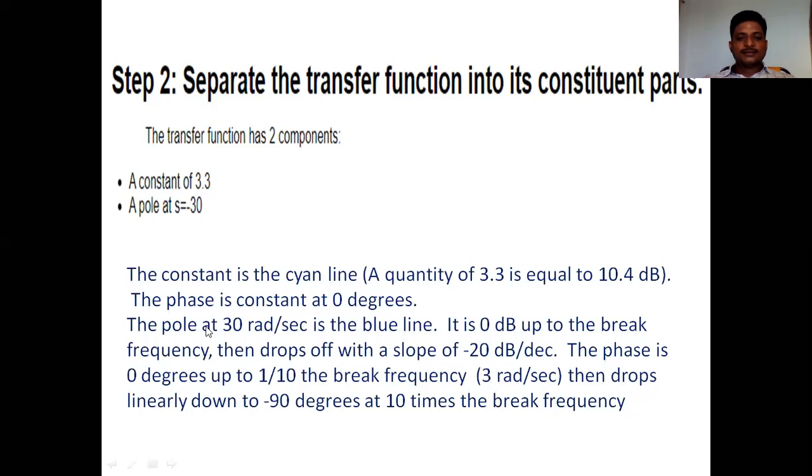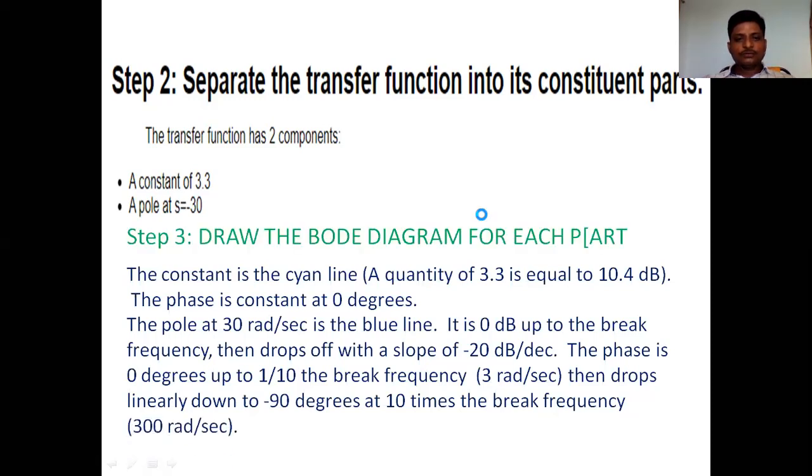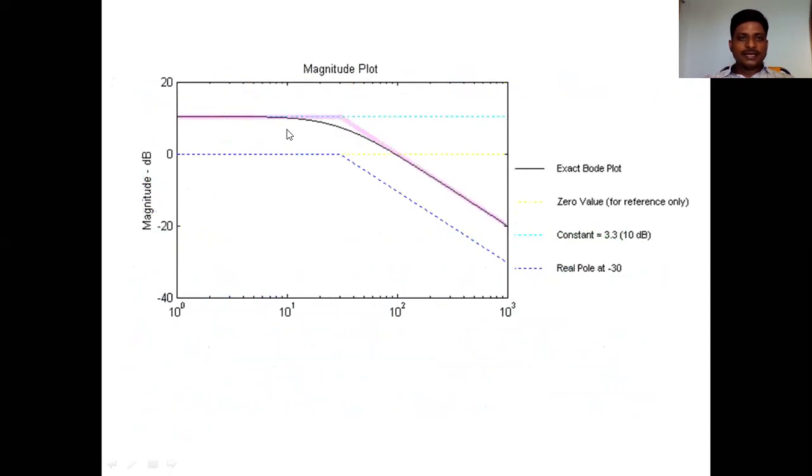Next, step 3 is you have to draw the diagram. After getting the values, you have to draw the Bode plot. A Bode plot consists of two parts, the magnitude plot and the phase plot. I think you have already read this concept in your control systems course in second year. So you can easily understand what's going on in this concept.